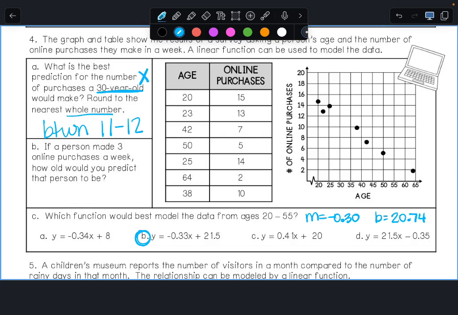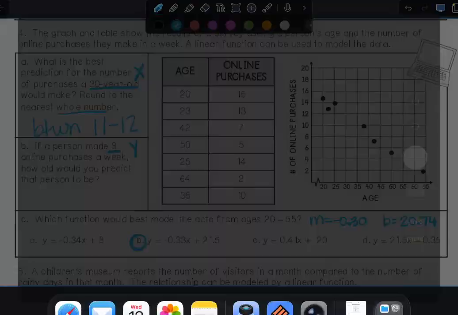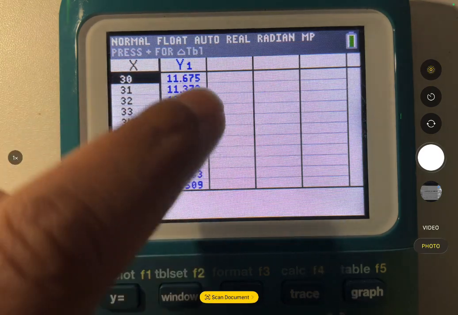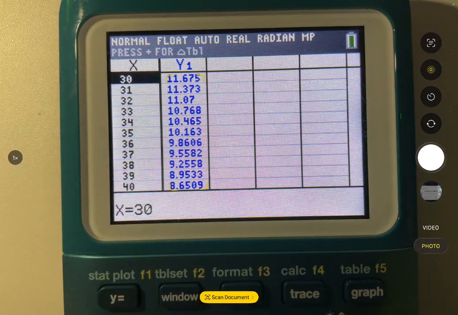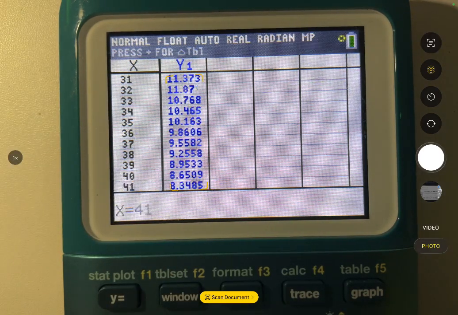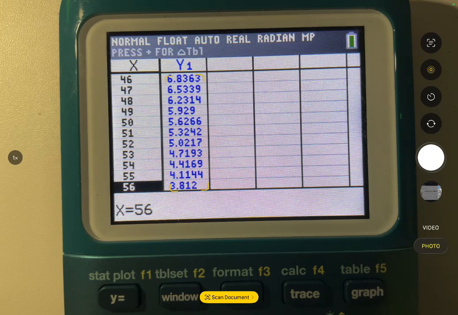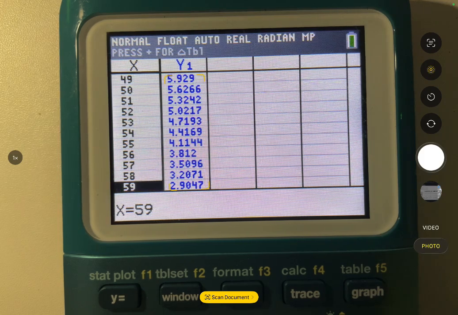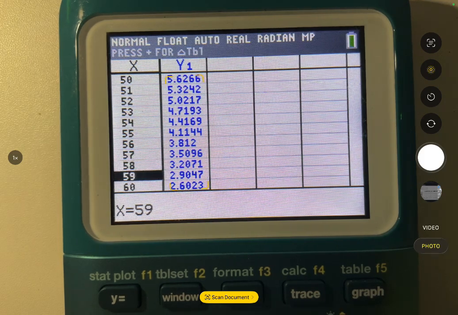B, if a person made 3 online purchases is a Y value, meaning we need to go and find the number 3 right here. Found it. How old is that person going to be? 58 to 59 years old.